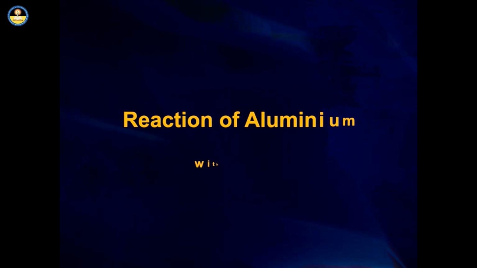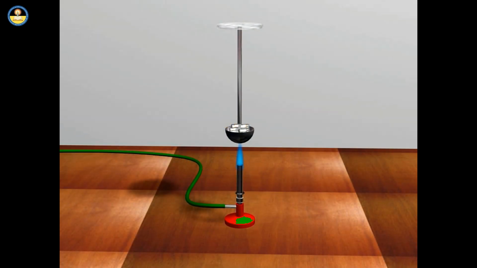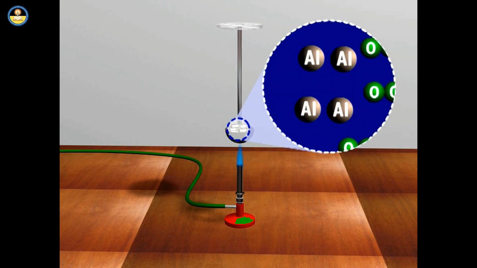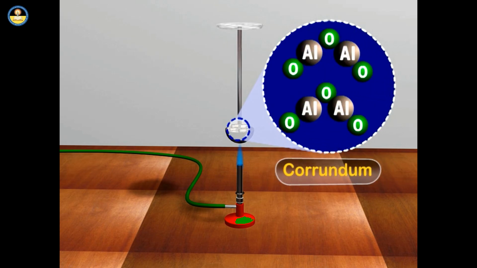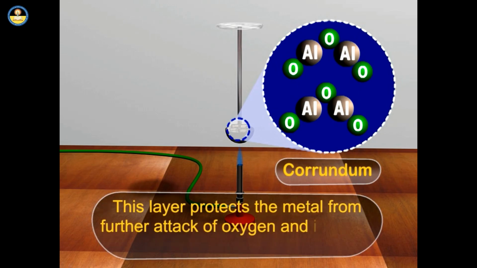Reaction of aluminium with oxygen. Aluminium, when heated with oxygen, forms an inert layer of aluminium oxide. This is called corundum. It protects the metal from further attack of oxygen and is called the protective layer of oxide.